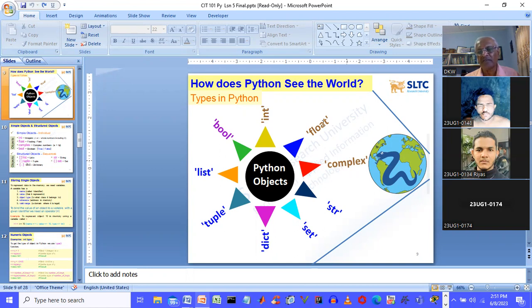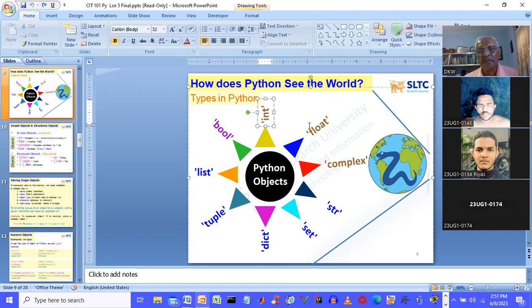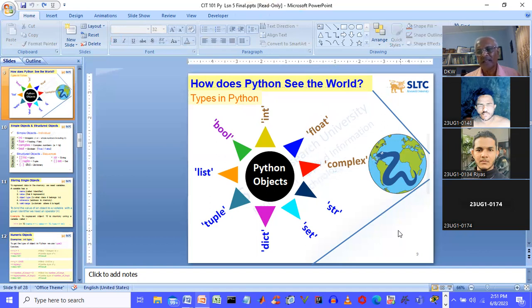I will explain these later, don't worry. These 3 are numeric types, countable things in the world on which we can do calculations. Python categorizes that into 3.